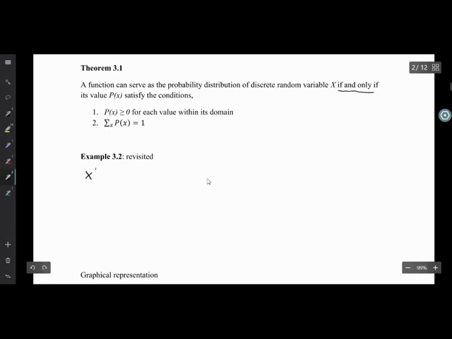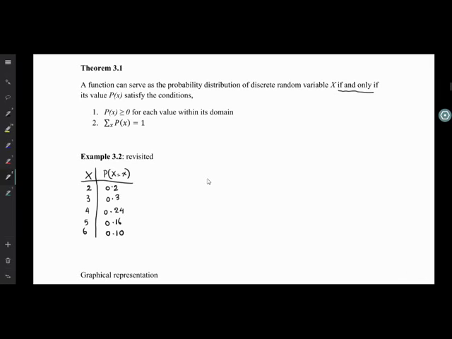So we had the random variable x: 2, 3, 4, 5 and 6. And we had the probabilities of x, which were 0.2, 0.3, 0.24, 0.16 and 0.1. Okay, let's check whether the first condition is satisfied.